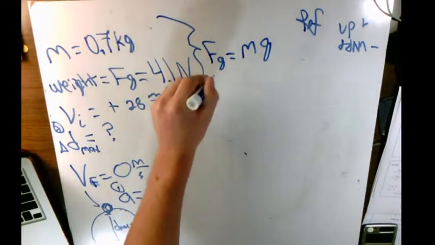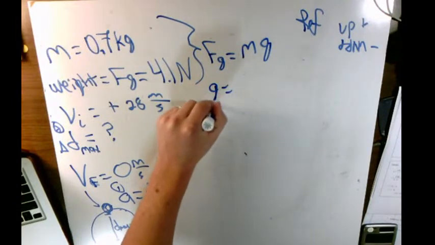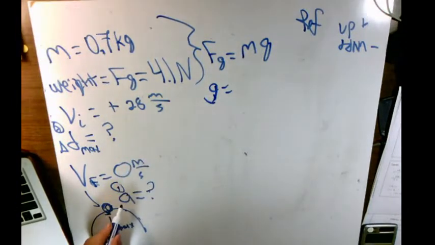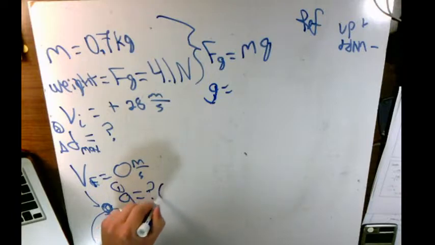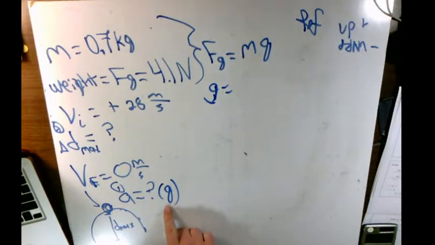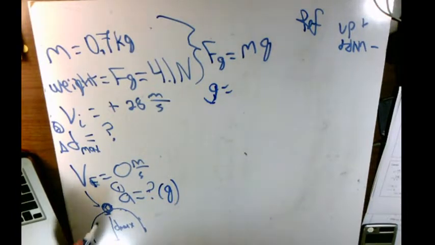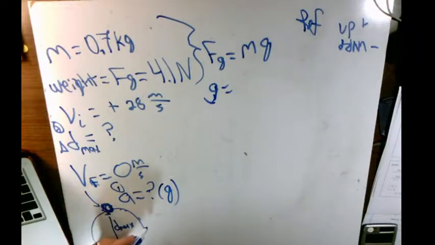We're going to rearrange this to solve for our acceleration, which is really acceleration due to gravity, because when this ball is thrown up, if we're assuming there's no air resistance, which the question explicitly says, the only force acting on it is gravity. It is in free fall.